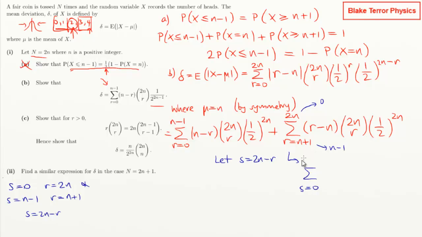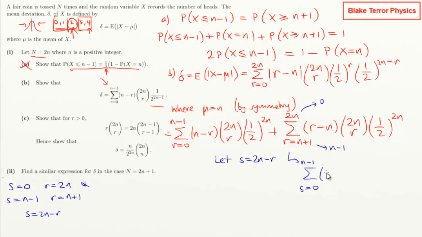So I'll put 0 at the bottom and n minus 1 at the top. It doesn't matter which order you have, you sum everything up, but that's more conventional, isn't it? So in the bracket then, I've got that R is 2n minus S. So I've got 2n minus n minus S. That's right, isn't it?